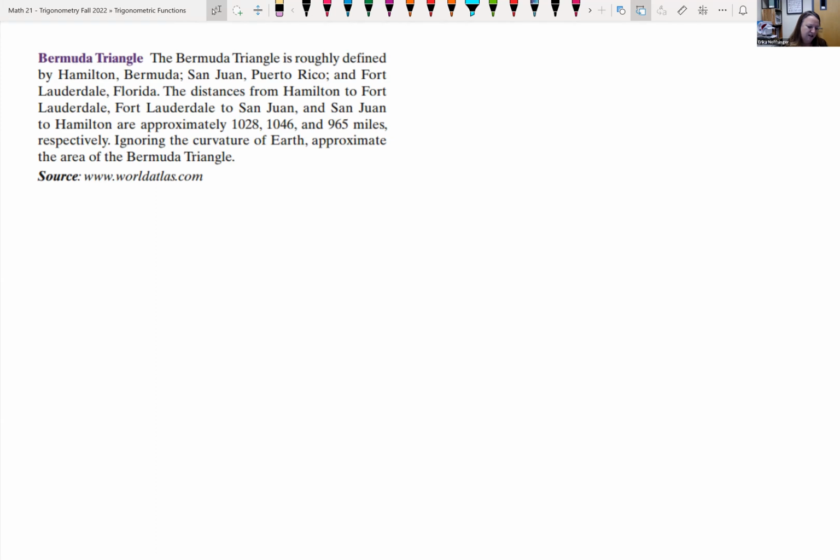The distances from Hamilton to Fort Lauderdale, and Fort Lauderdale to San Juan, and San Juan to Hamilton are approximately the following: 1,028, 1,046, and 965 miles respectively. Ignoring the curvature of the Earth, approximate the area of that triangle.